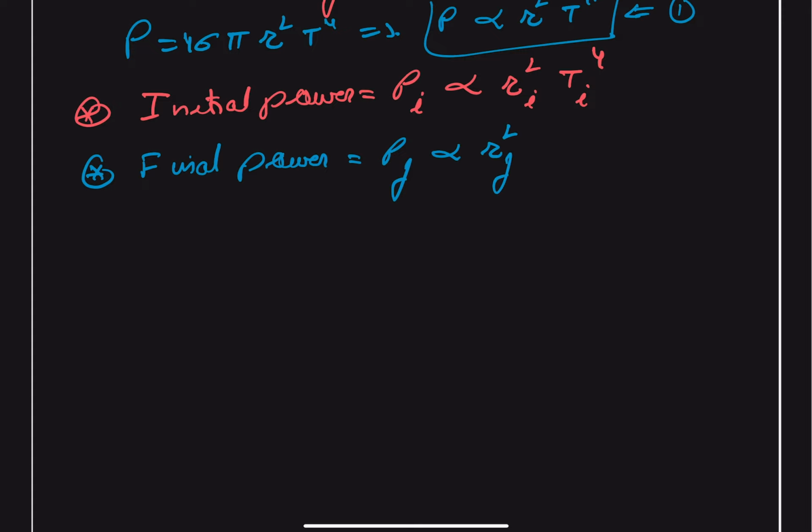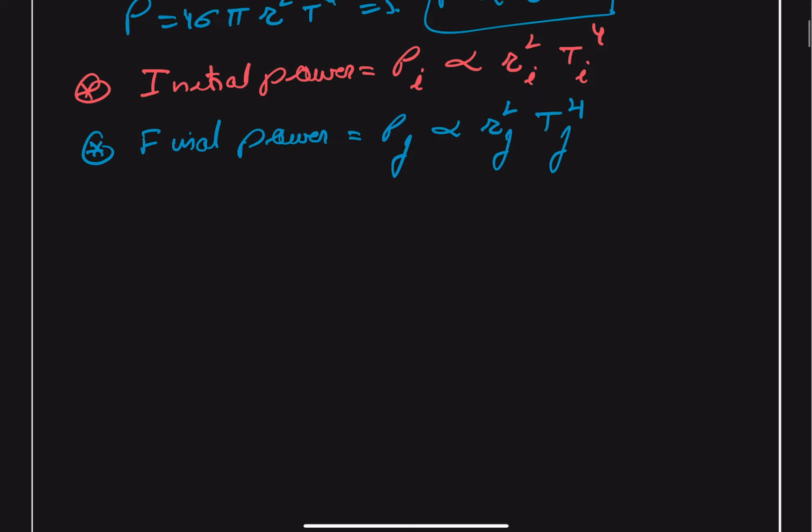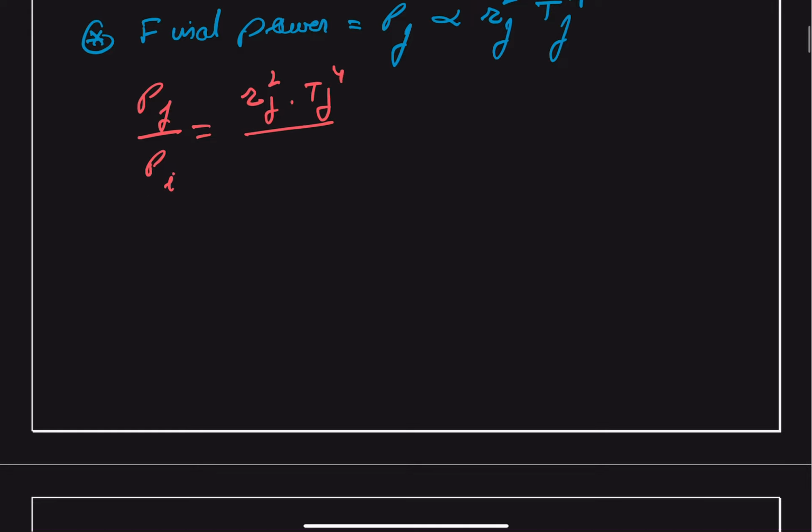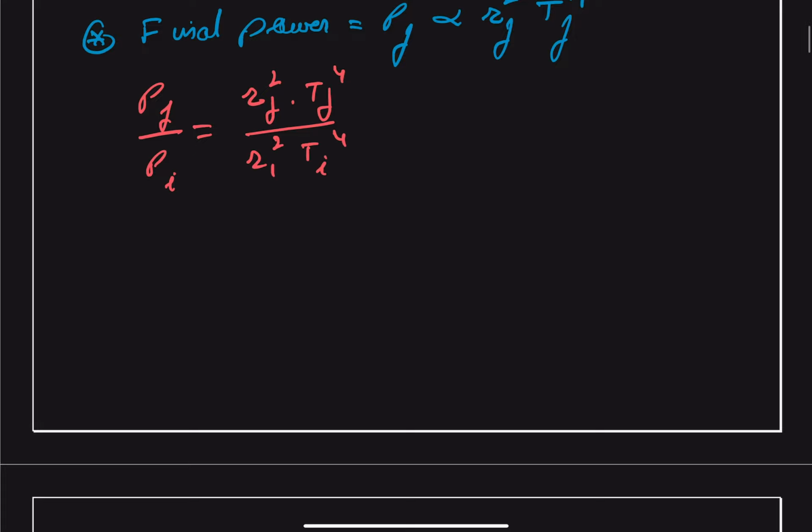And let us find out their ratio. So we can write that Pf upon Pi will be equal to radius final square, temperature final whole raised to power 4, and we have initial radius square and temperature initial raised to power 4, which can be written as radius final upon radius initial whole squared and final temperature divided by initial temperature whole raised to power 4.